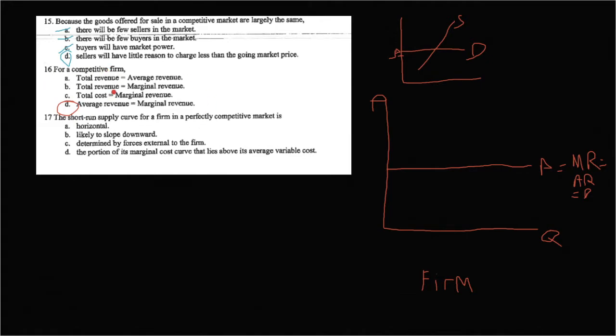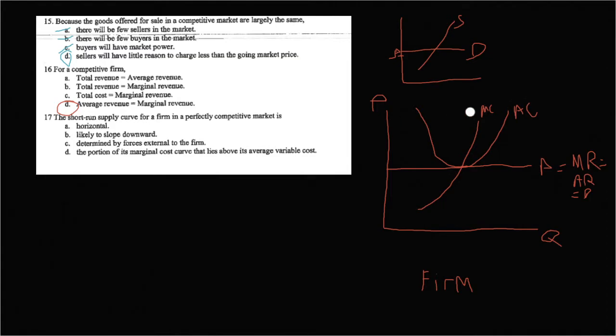So this is average revenue with marginal revenue, for a perfectly competitive market. And this will come up through here. So this is MC and AC. So this is a graph of a perfectly competitive market for a firm.